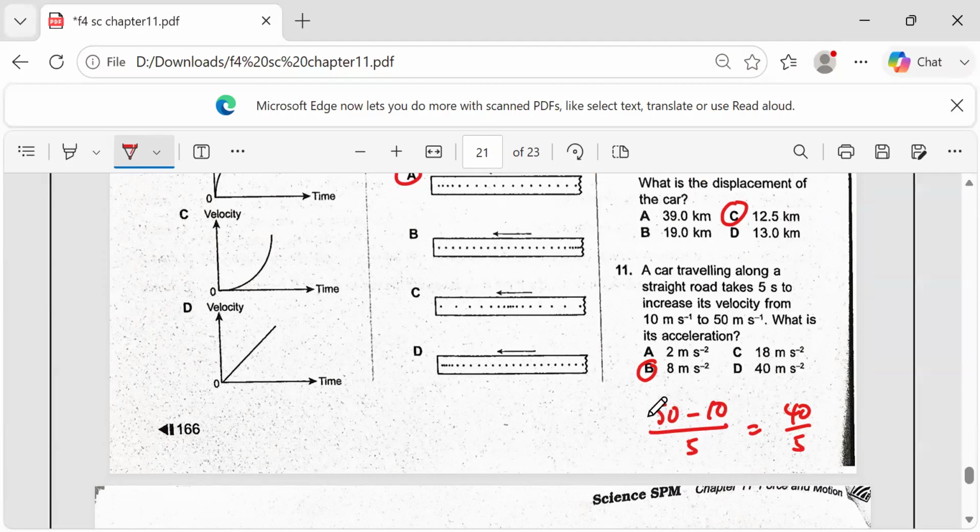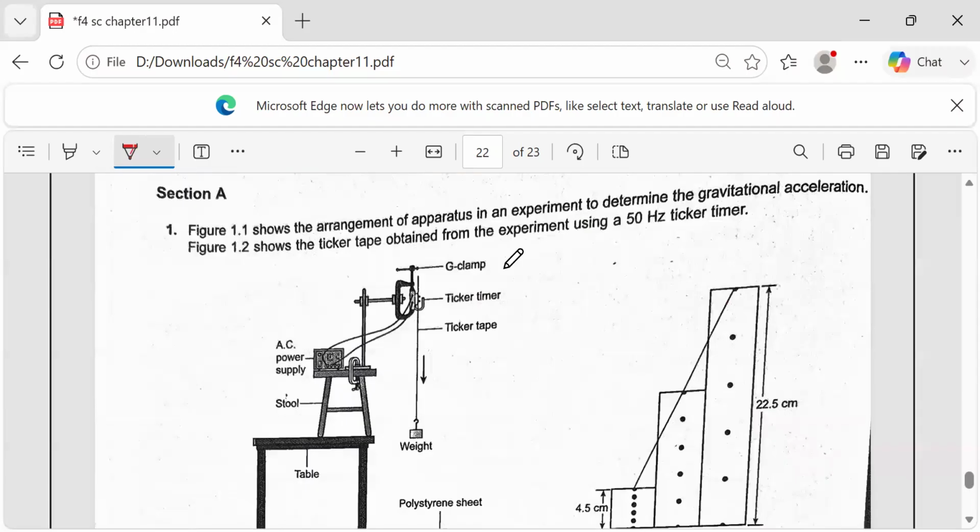Acceleration is the change in speed over time, from 10 to 50. Okay, did you get this right? Yeah. Okay.